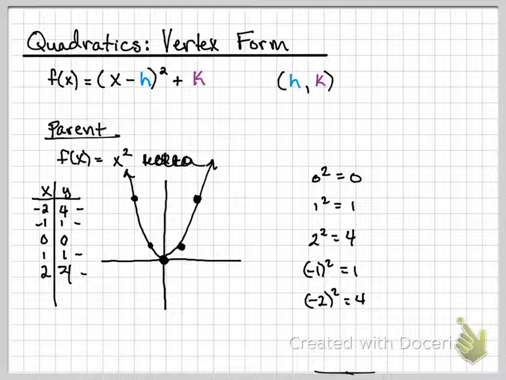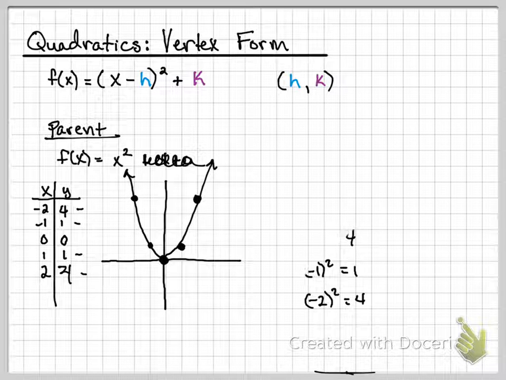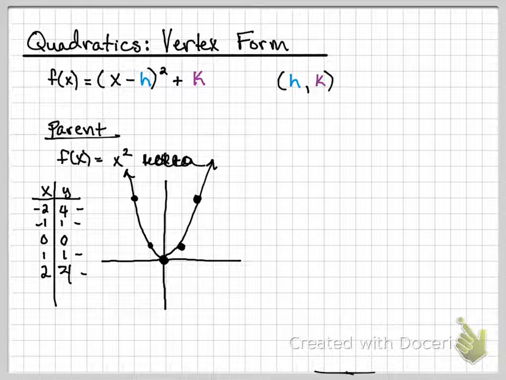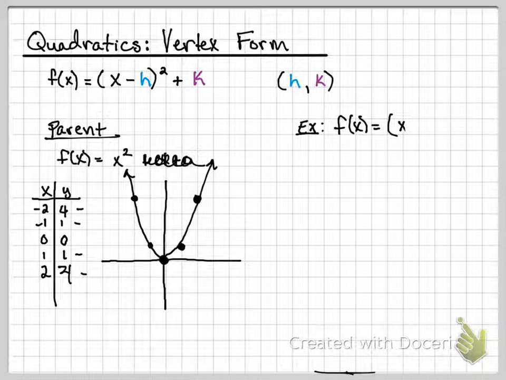So let's look at how that helps us out with something that's written in vertex form. Let's look at our first example. Let's say I have f of x, or y, equals x minus 3 squared plus 2.